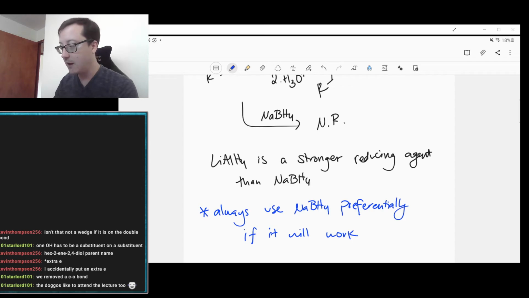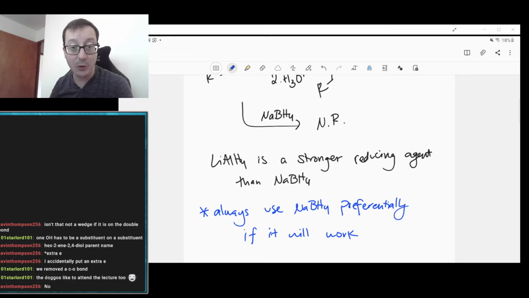So do we have any questions on those before we talk about some reactions of another way? So these have hydride as a nucleophile.